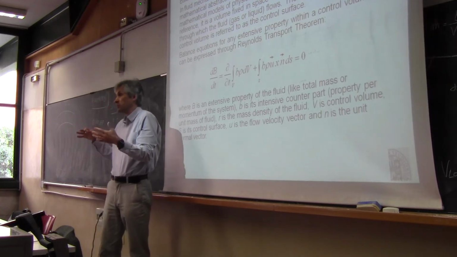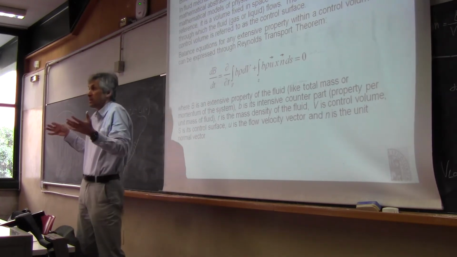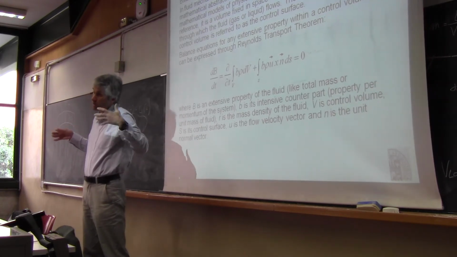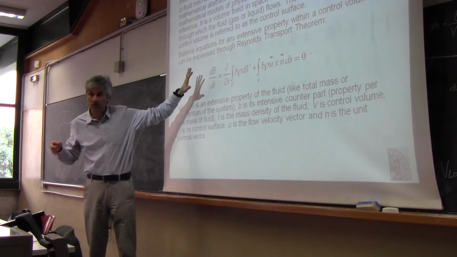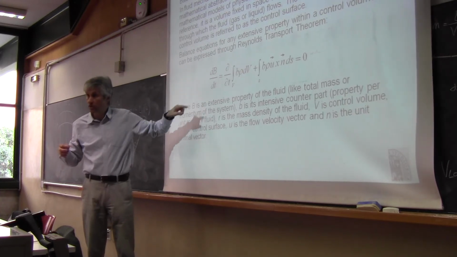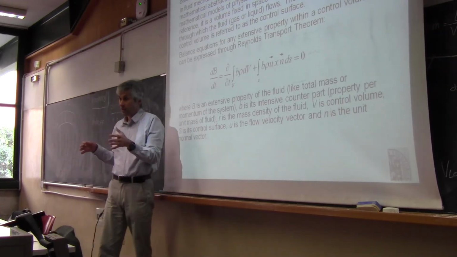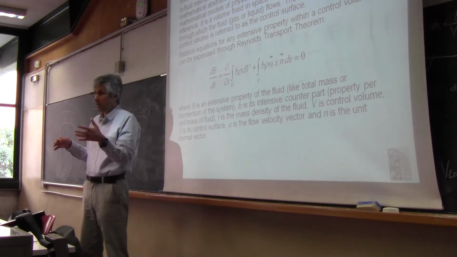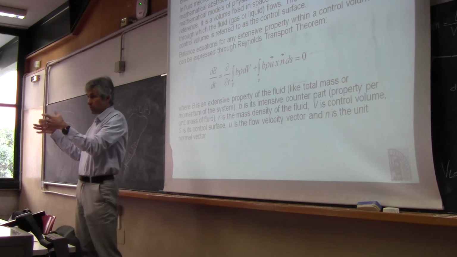In many cases for us it will be 0, because if you don't have any mass change, it's 0. But it's important to note that this is the total derivative. The total derivative in time of the considered extensive property like total mass of the moving volume of water.